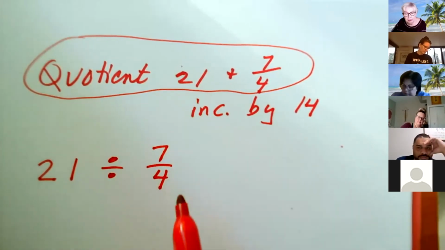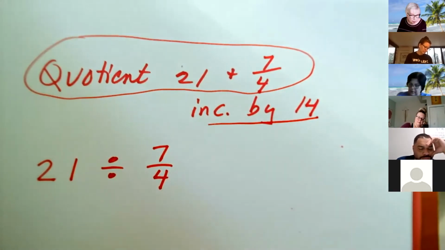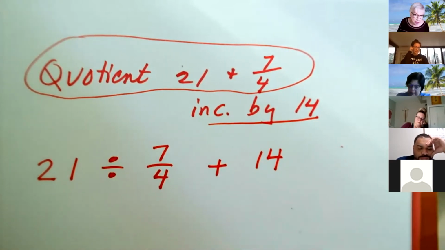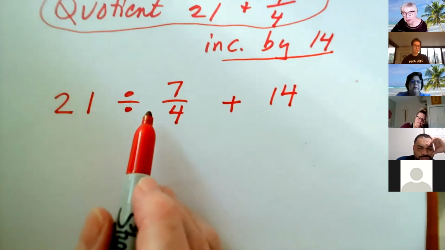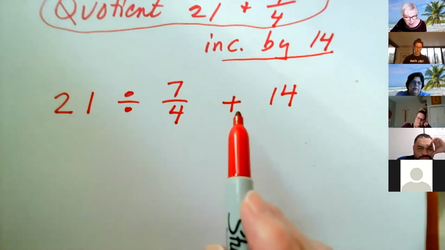We're getting it out of the English. The next part is increased by 14. I think we've done several already today. Increased by 14 means we would add 14 when we're all done. So the real problem turns out to be this first part. This is division, and it has to be done before you ever think to say, I'm going to add.